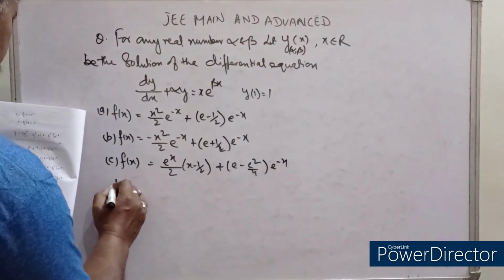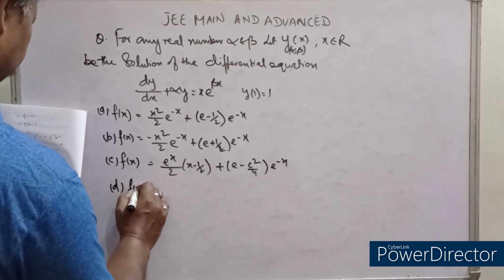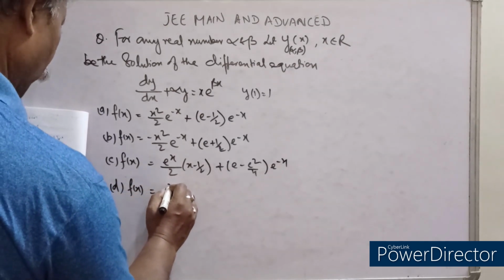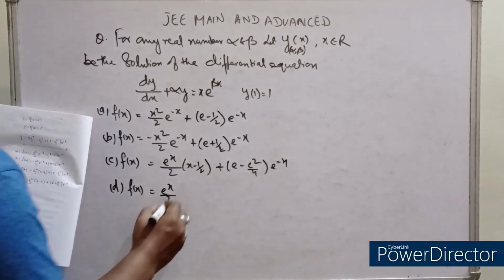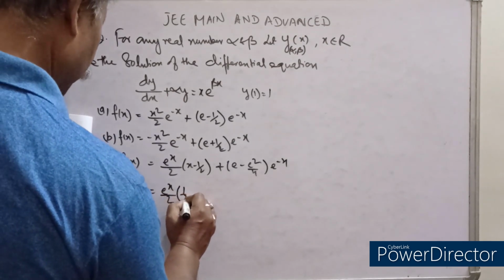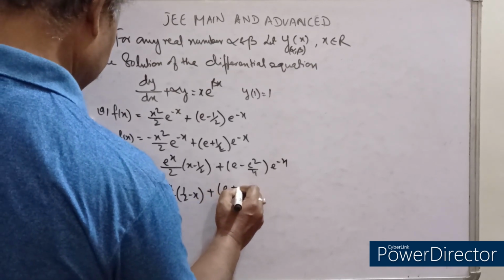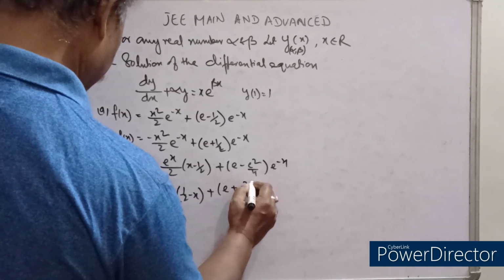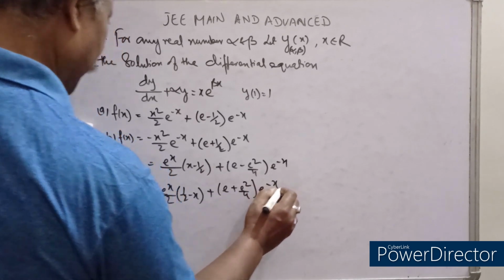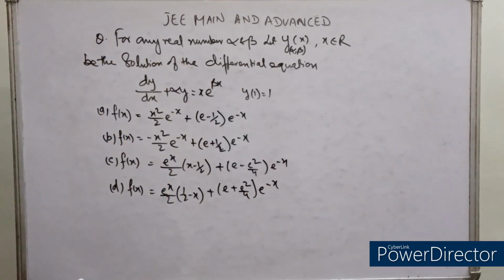And option D, f(x) = e to the power of x by 2 (1 by 2 minus x) plus e squared by 4 e to the power of minus x.